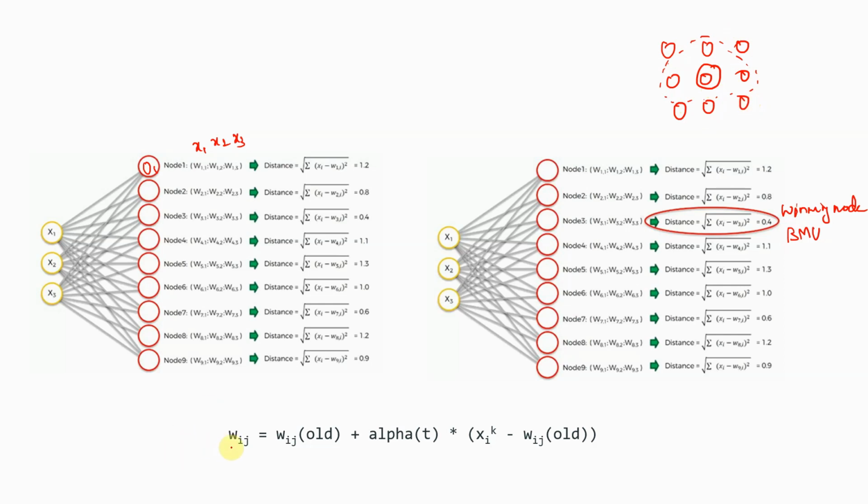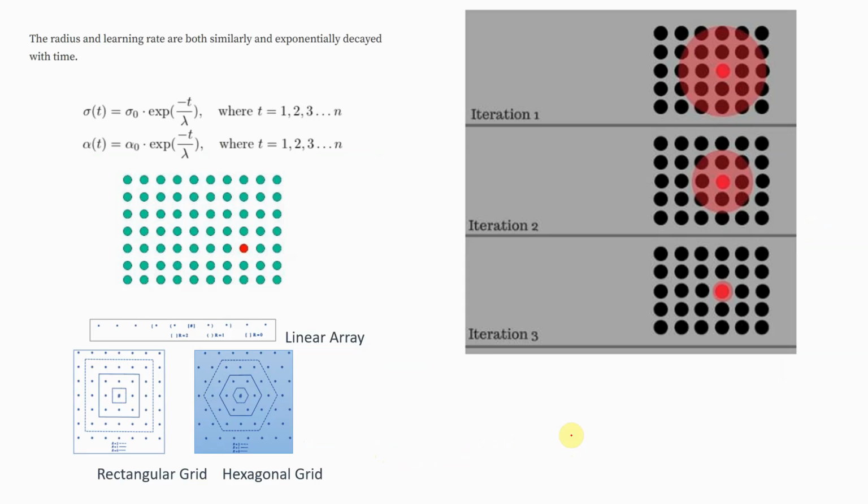This is the formula for updating the weight. The new weight will be calculated based on the old weight, times the learning rate, where alpha is the learning rate, and then the distance between the input and the weight value. Two parameters are updated during the training process: one is the learning rate and the other is the radius.